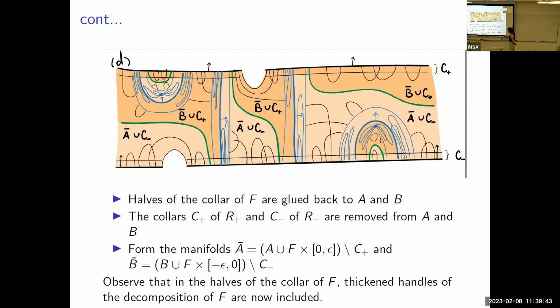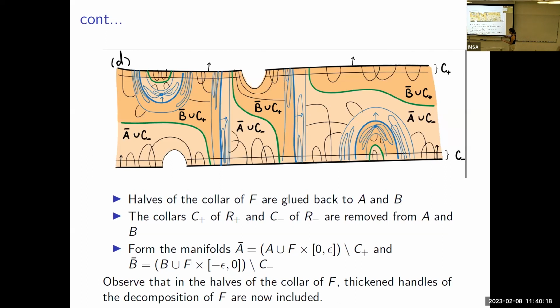So one observation here is that when we add the half collars of F to each of A and B, the handle structure that F inherits from the sutured manifold, when we take the half collars, becomes, well, all those two-dimensional handles become three-dimensional handles.